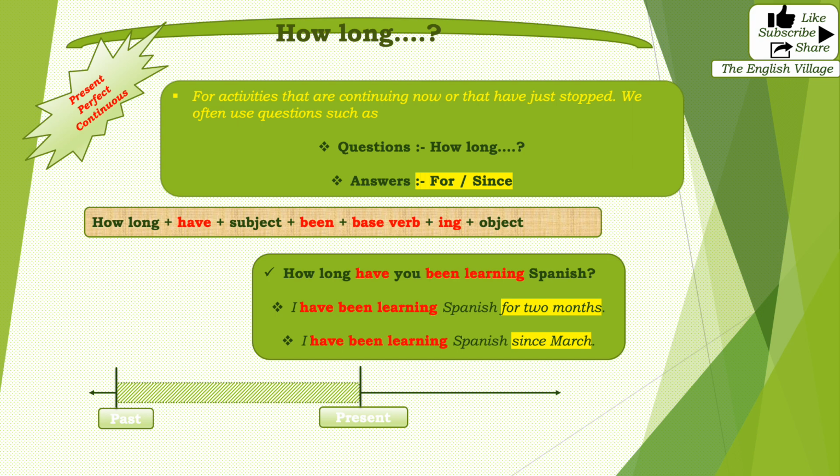I can also answer this question, I have been learning Spanish since March. So my action started in the past and it's still continuing, and I have given the starting point. That's why I have used since in this sentence. So it depends on you how you answer this question, with the starting point given or the duration.